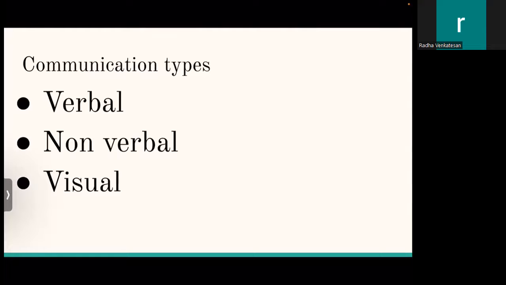Even by keeping quiet, you could say that you like or don't like. So non-verbal communication has a very big role too. Eyes, face, and your body language all have a big role.